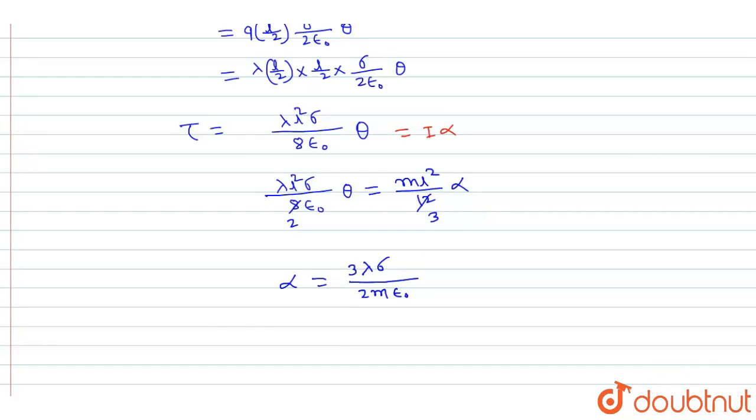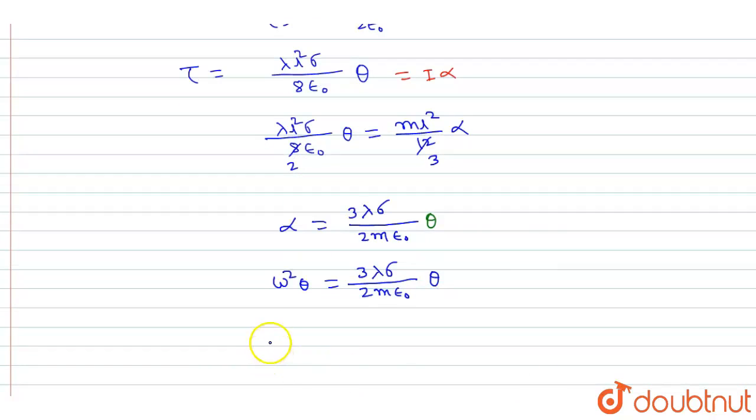Now alpha is equal to omega square into theta, and this should be equal to 3 lambda sigma divided by 2 m epsilon naught into theta.